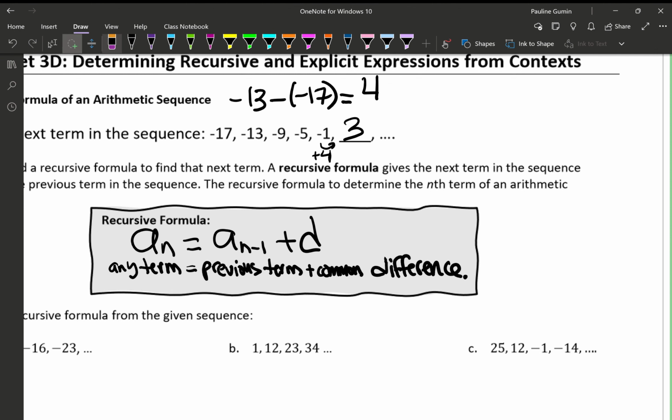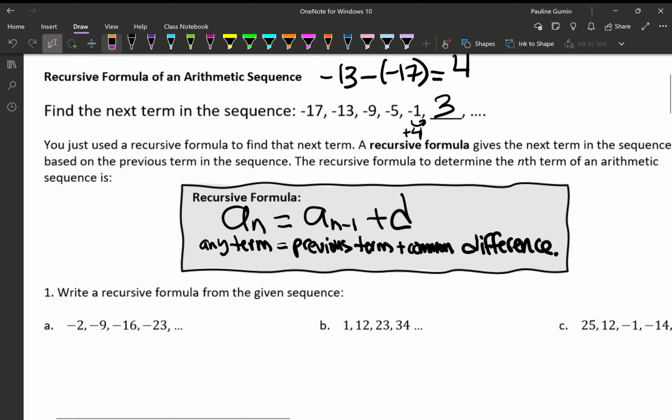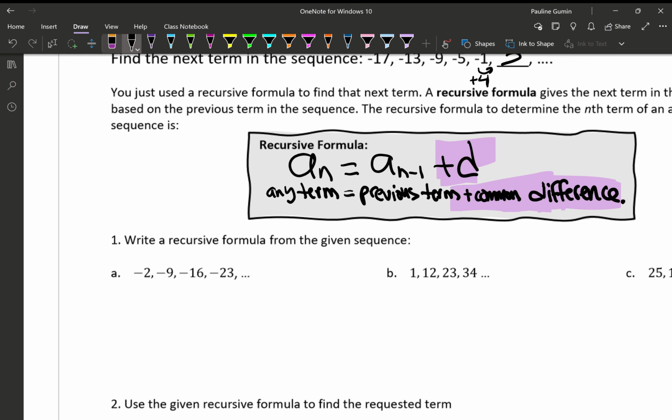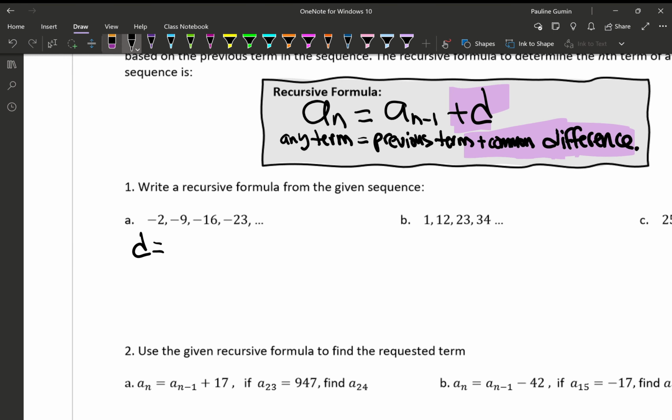Let's write the formula. The only thing we really need is d, the common difference. In order to find d, we do term 2 minus term 1. So negative 9 minus negative 2, which is negative 7.